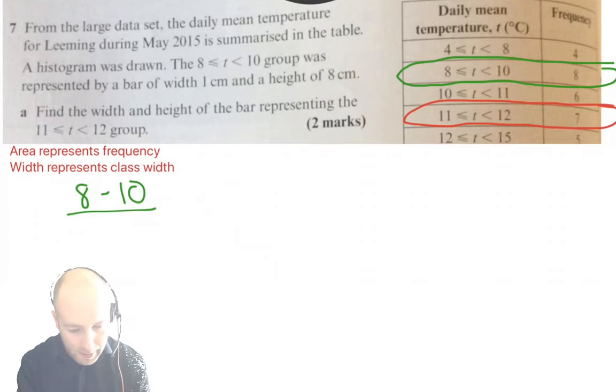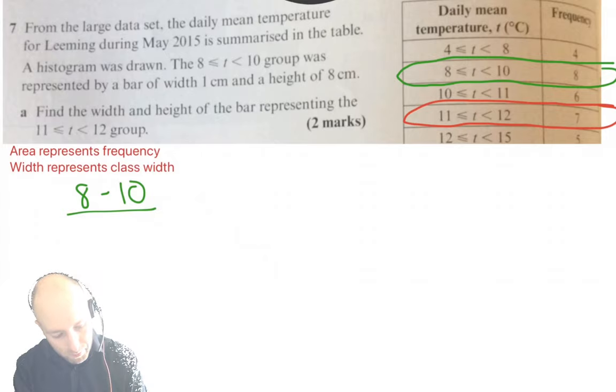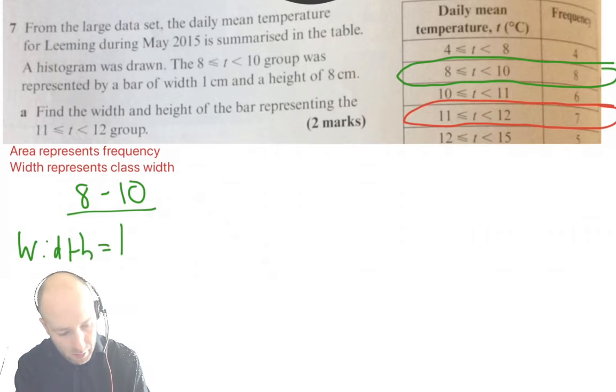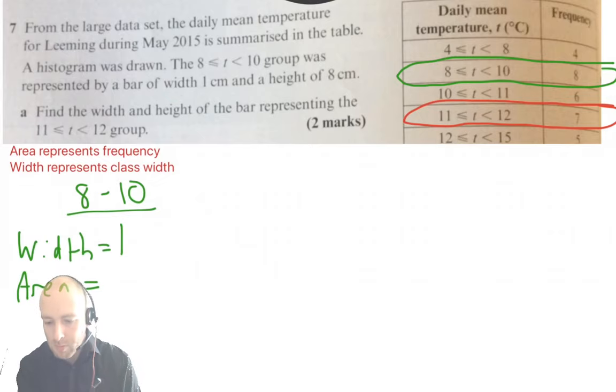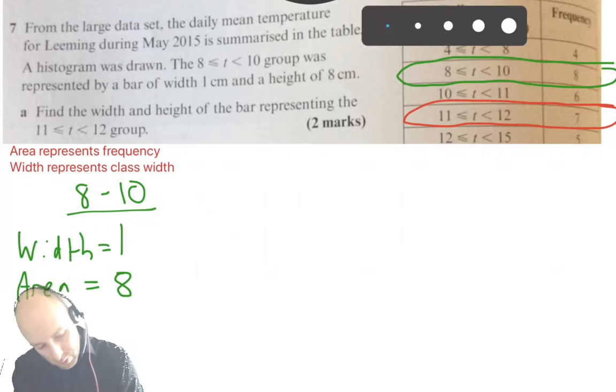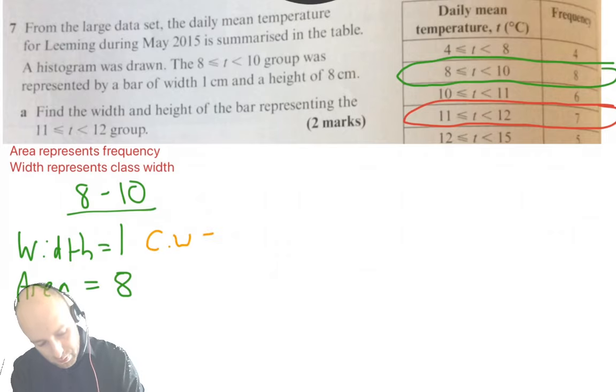So the width for my 8 to 10 bar is 1. Let's start with width. And my area is, well, to work out the area, I need to times my width and my height together. So my area is 8. And we are talking here about a frequency of 8, or class width of 2, CW equals 2, and frequency equals 8.